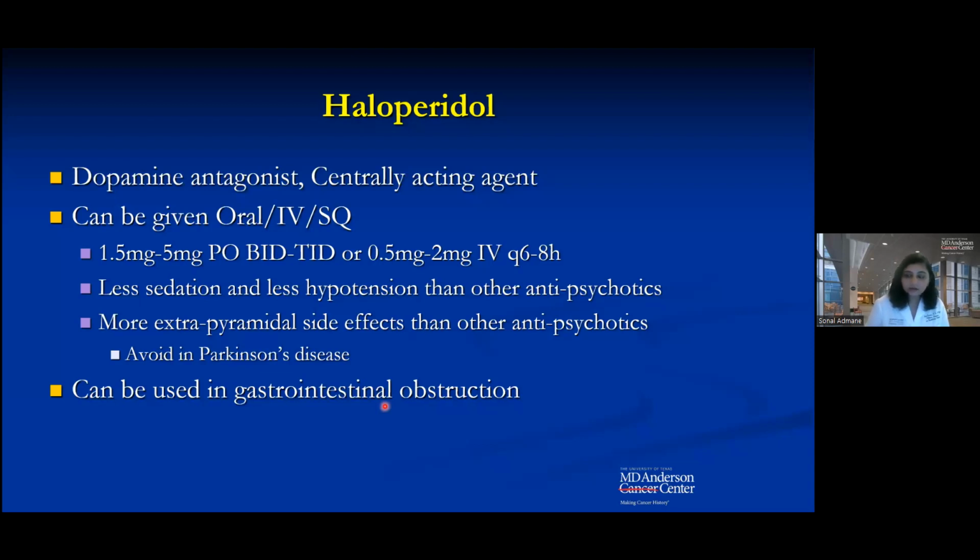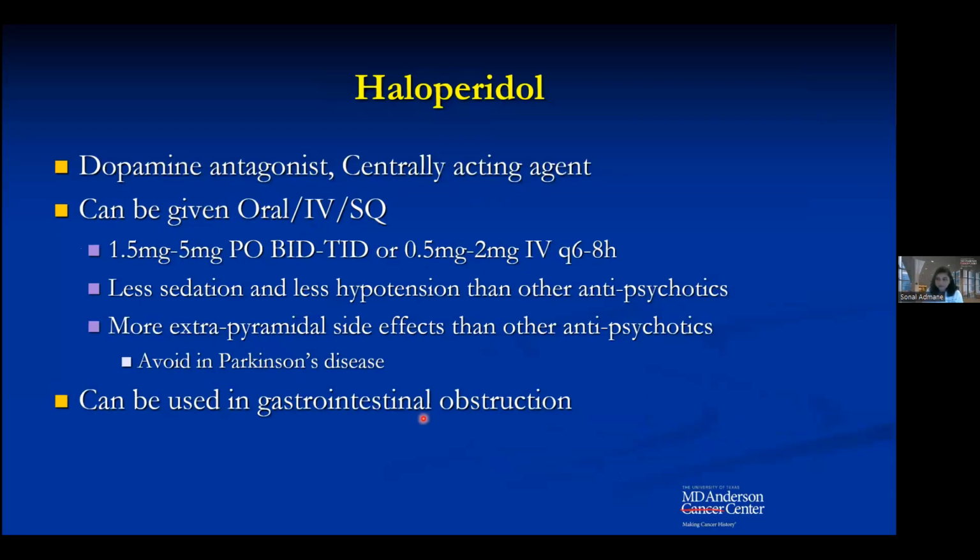Haldol is a good option because it is less sedating and hypotensive than other antipsychotics like chlorpromazine. But it has a lot of extrapyramidal side effects, so if your patient has Parkinson's or other disorders with extrapyramidal symptoms, then we advise caution.